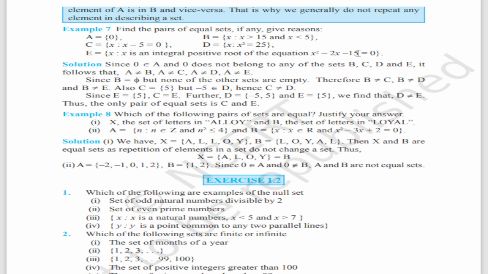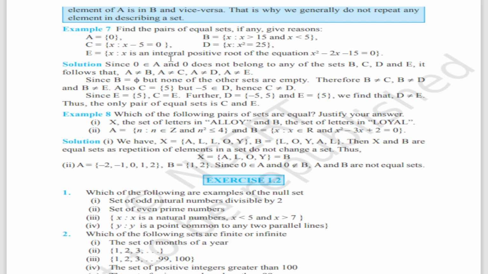We know that it should be minus 3 and plus 5. So E, this B was empty, C was singleton 5, D was plus minus 5, so they are not equal.